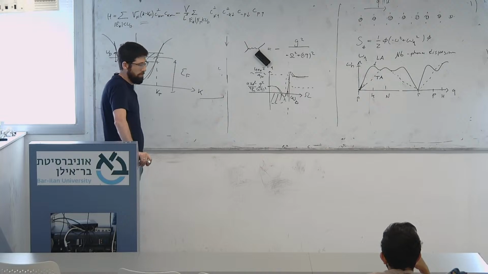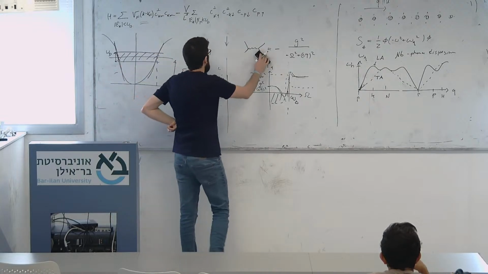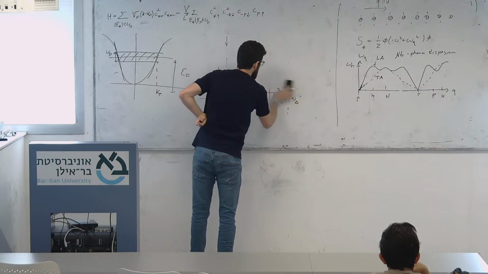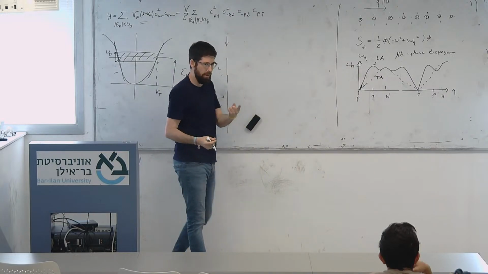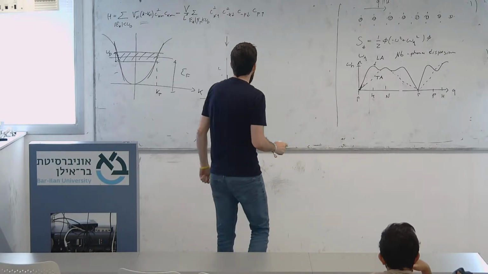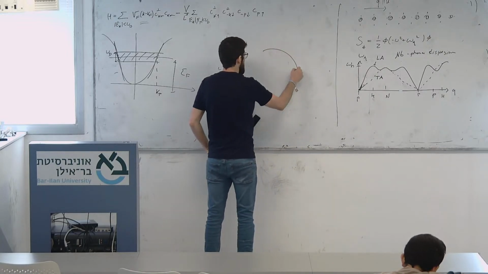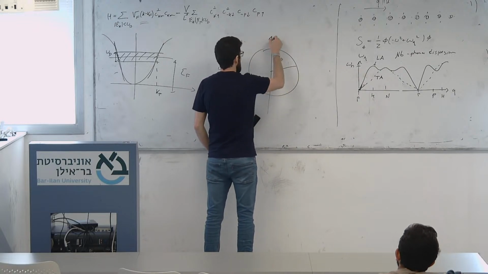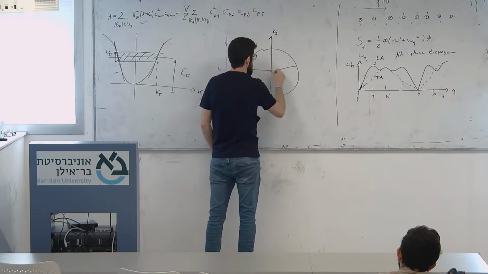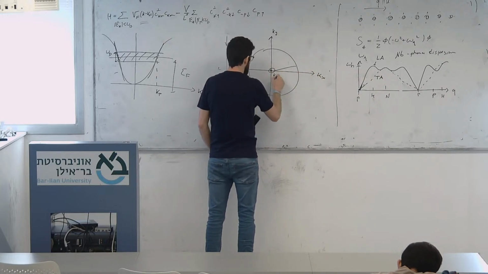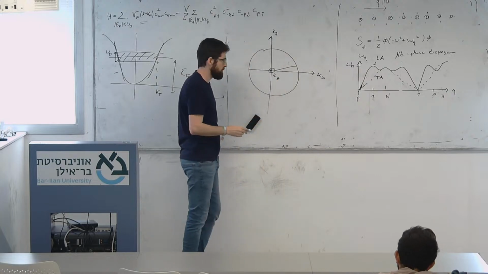Now on top of that, BCS only focused, if you remember the interaction I wrote before, it had three momenta. It had k, k prime, and q. But because we're talking about a Fermi surface, this is k_y, k_x, and here we might have k_z.